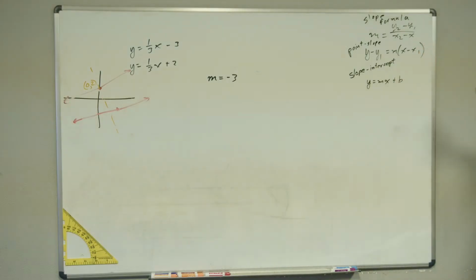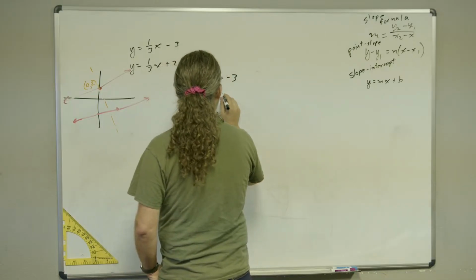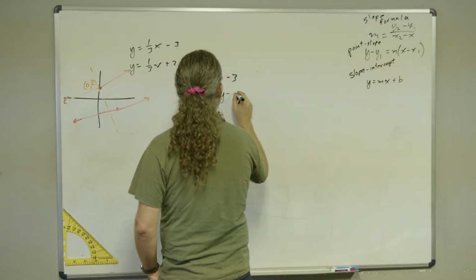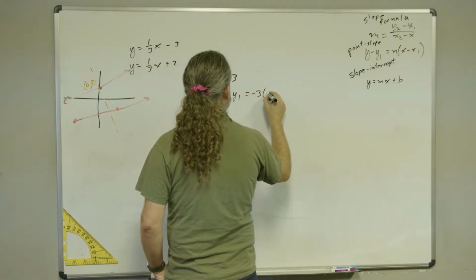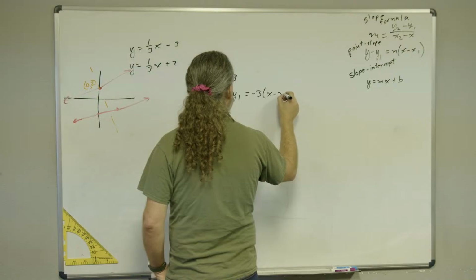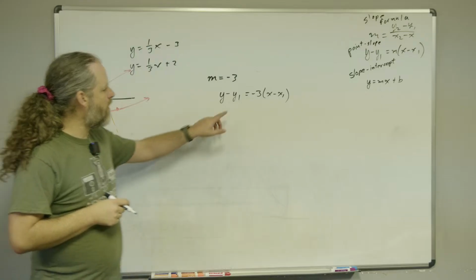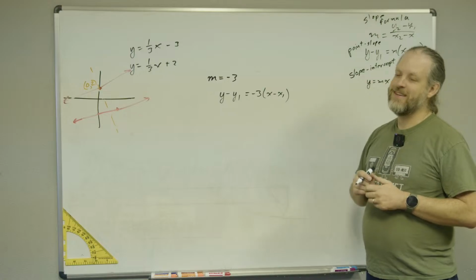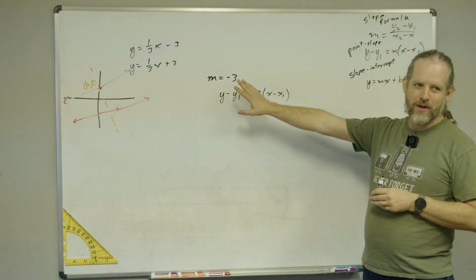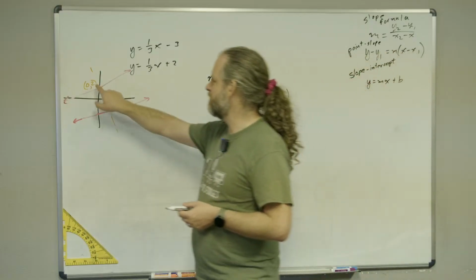So we plug that into one of these. We're given a point, we're given a slope, so let's use point slope. Why not? It's a good idea. What are we going to plug in for y1? Yeah, but what is the point we're using? It is 2.